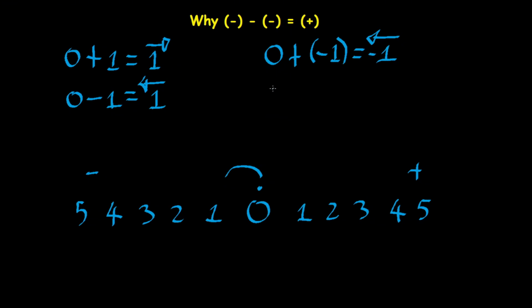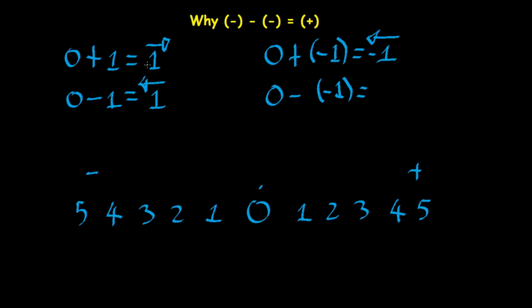And finally, the tricky one, we are going to subtract that negative number from 0. So here we are starting again at the number 0, and we are subtracting a negative number.